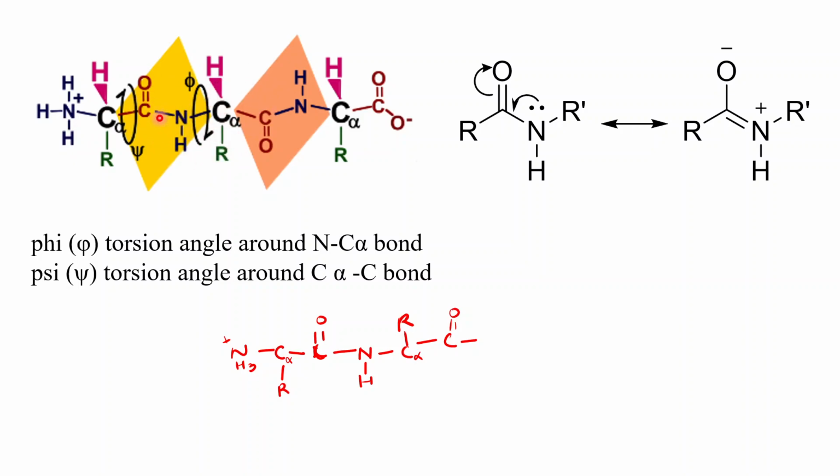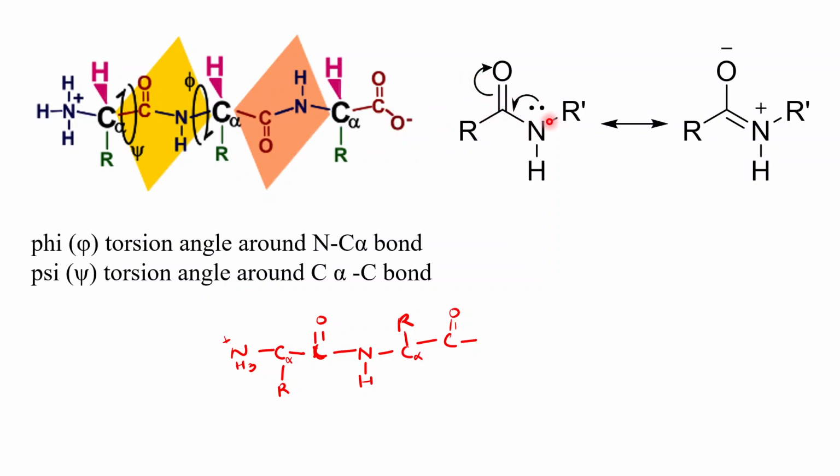The carboxylic group, C double bond O, forms a bond with the amine group of the next amino acid. This is the peptide bond, and it has a partial double bond character.